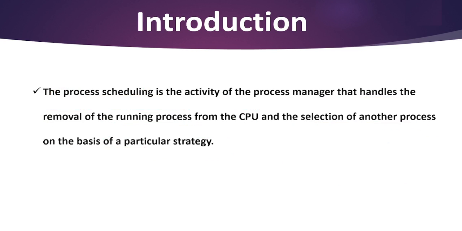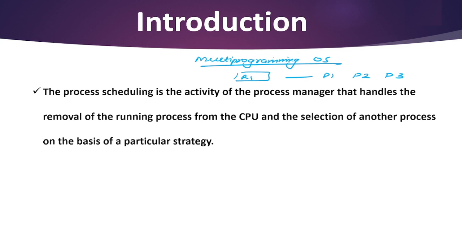Also, note one more definition here. Process scheduling is an important part of a multi-programming operating system. As we have discussed, we have three processes waiting for the same resource R1.